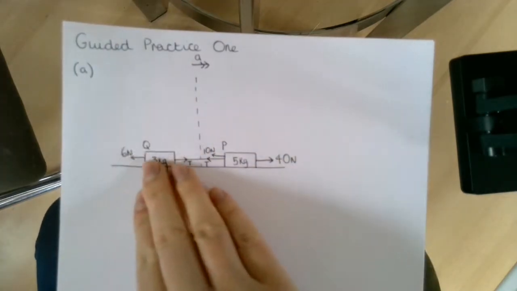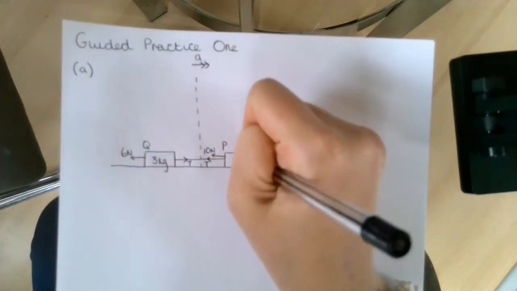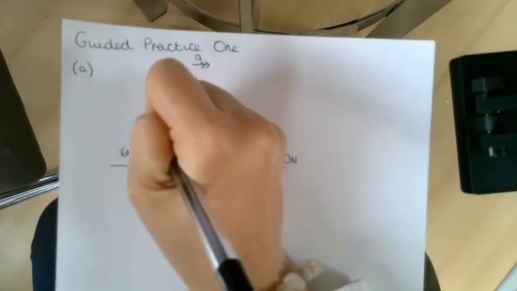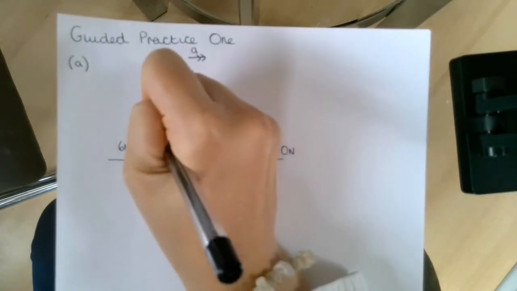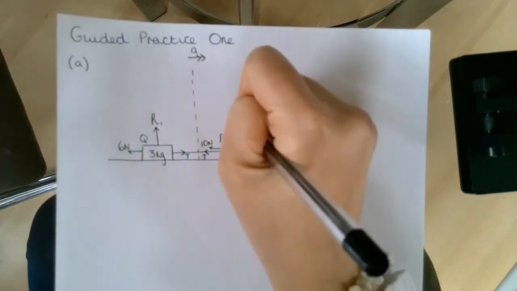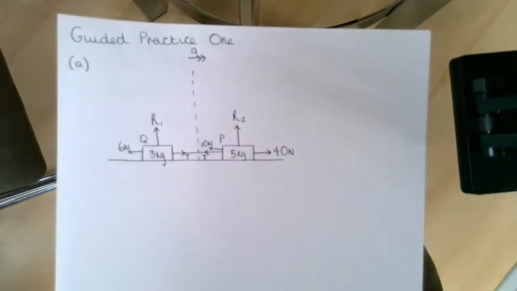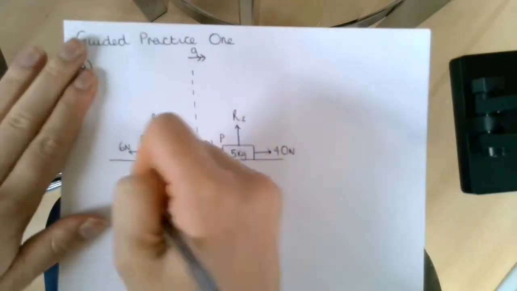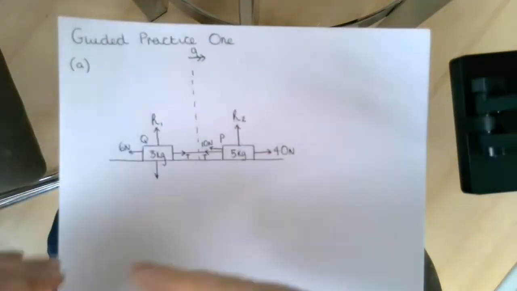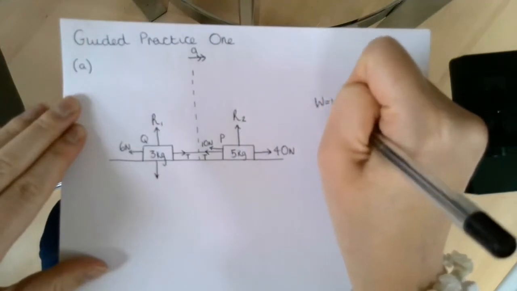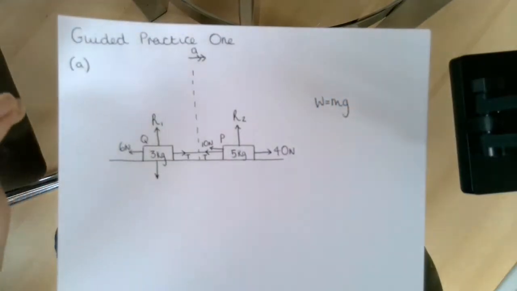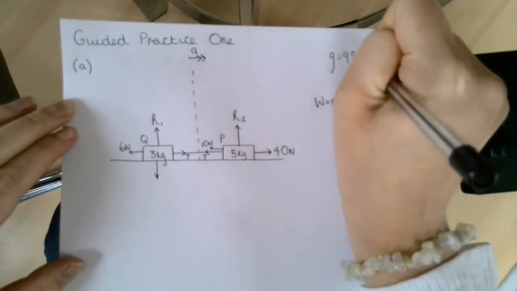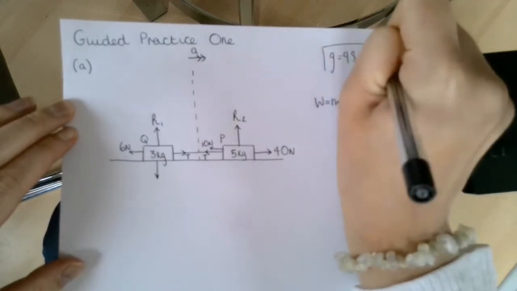The last two forces we must have are our normal contact forces. I'm just going to call the normal contact force for Q R1, and we're going to call this one R2. We've now got to do the weights of each particle. Remember, weight is equal to mass times gravity, where g is 9.8 meters per second squared, just a reminder there.